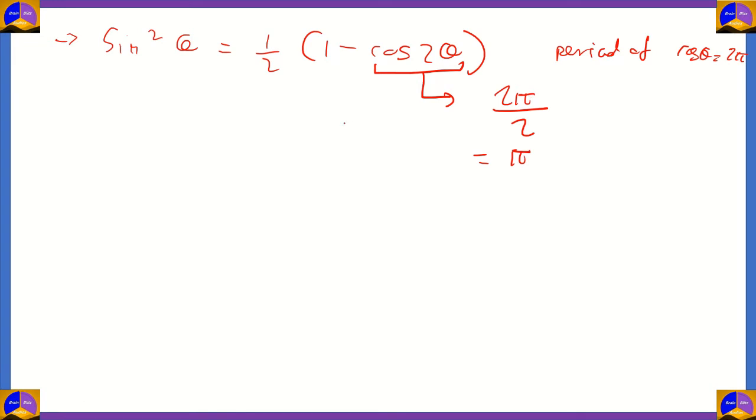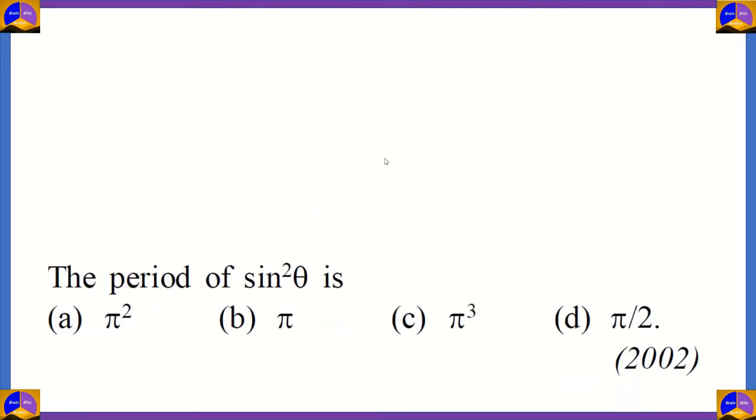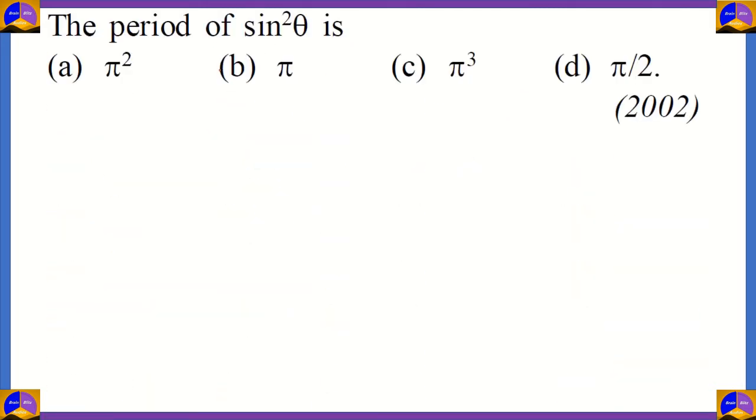And if you add terms which are not trigonometric, then the period does not change. So adding and multiplying constants does not change the period. So therefore, the period of sine square theta is also equal to pi. So therefore, among the following options, option B is the correct option.